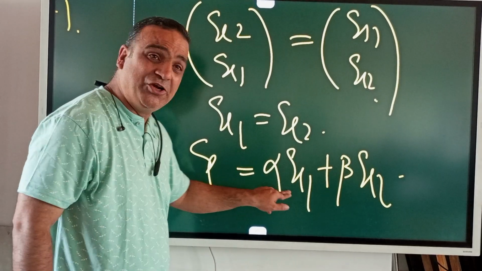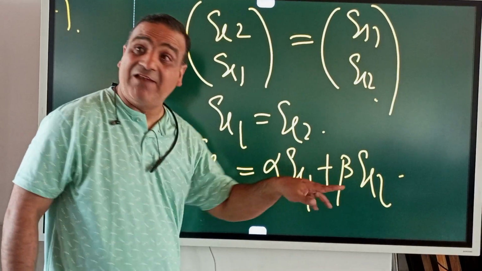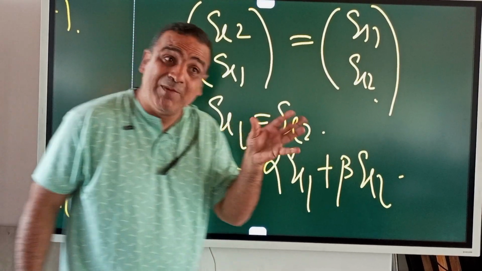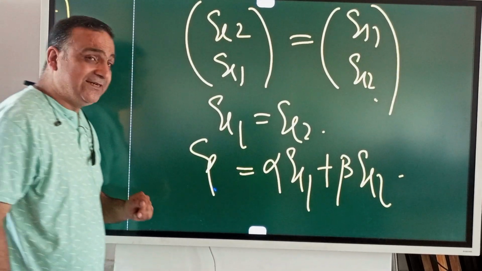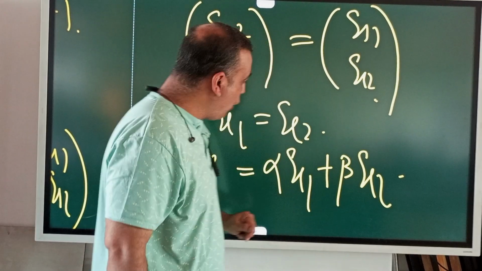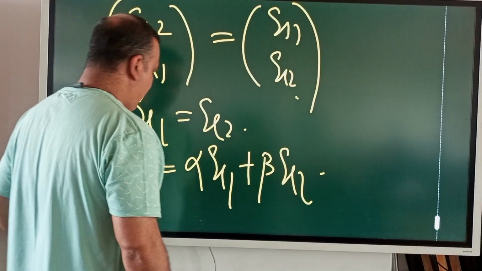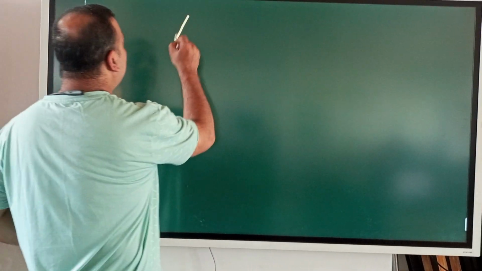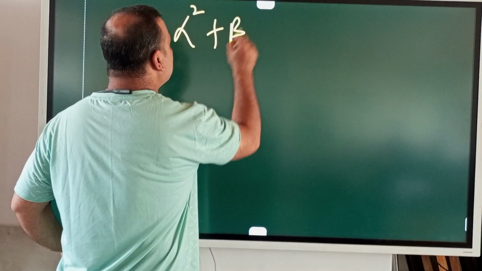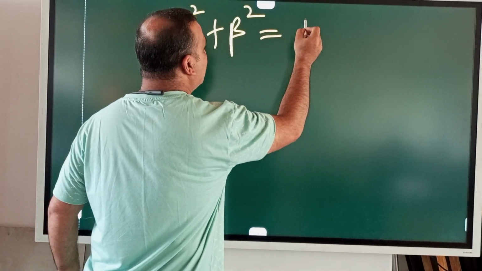It is the superposition. And why did I introduce alpha and beta? Because I have to normalize my wave function, provided alpha square plus beta square is equal to 1.